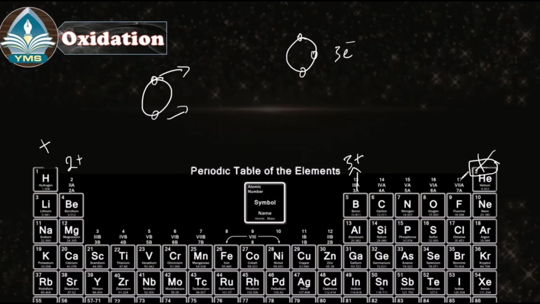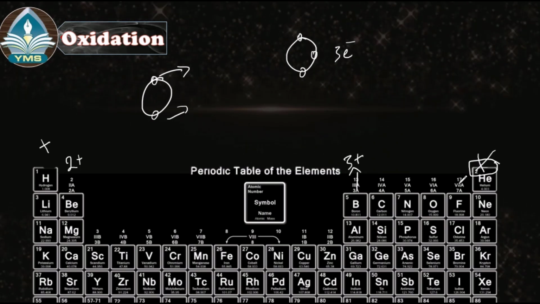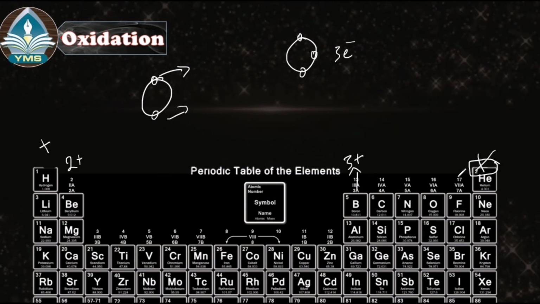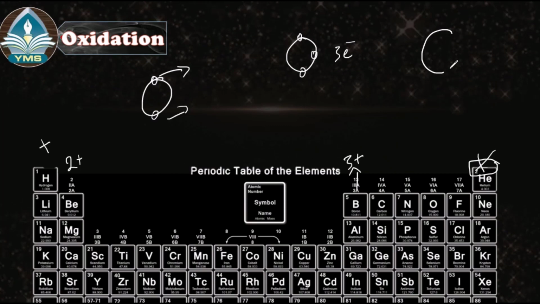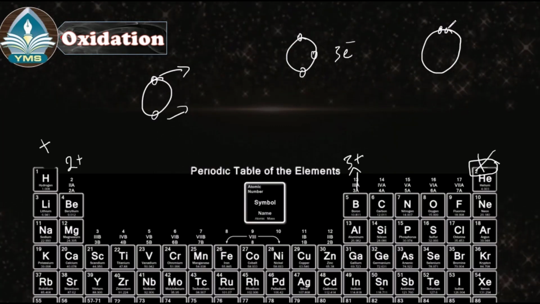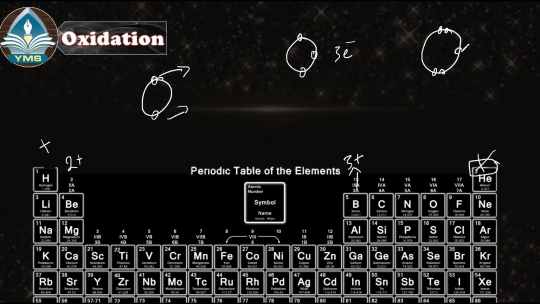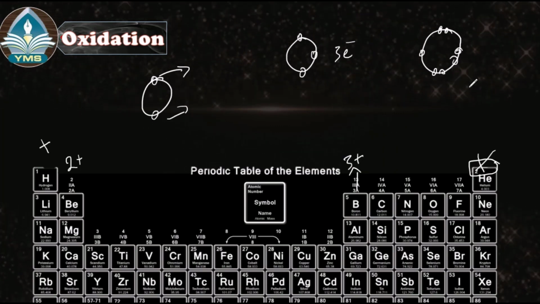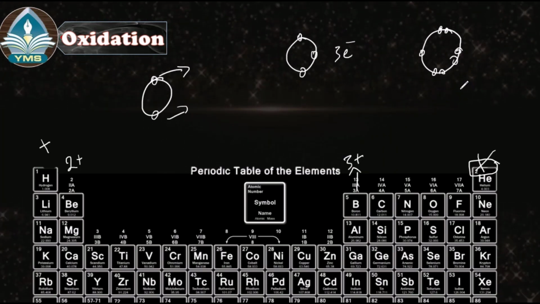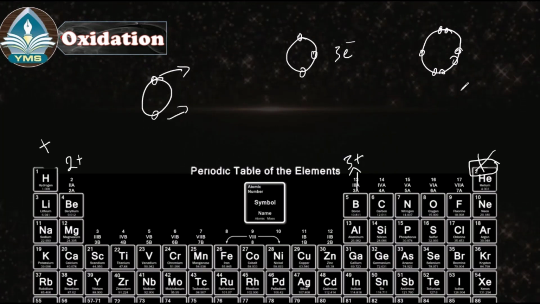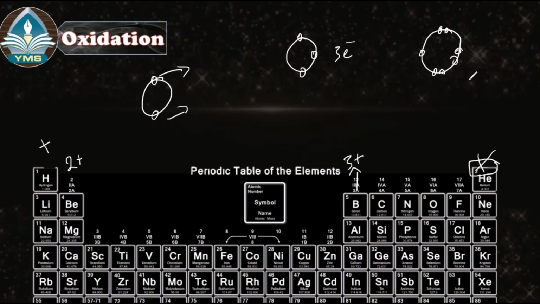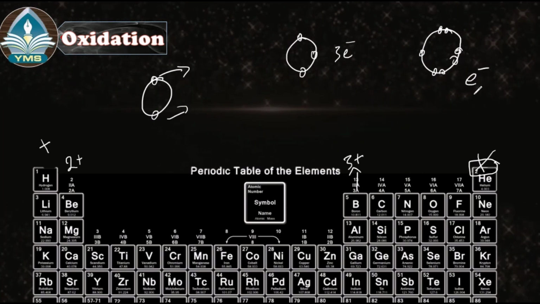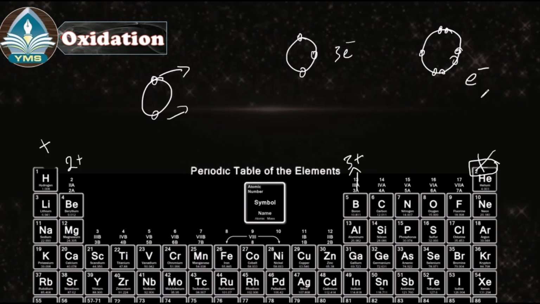But right next to it are the halogens, and it is group 7. And elements of group 7, they have 7 valence electrons, 1, 2, 3, 4, 5, 6, 7. So to have 8 electrons, it is easier to gain 1 electron. And to gain 1 electron, there will be 1 negative.